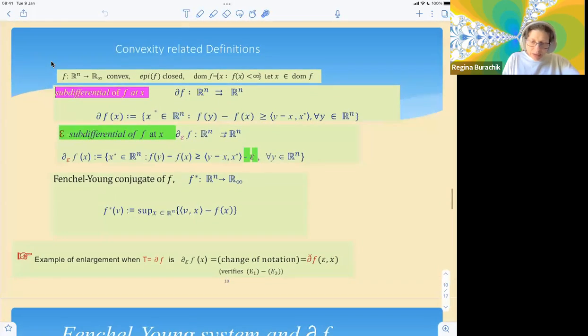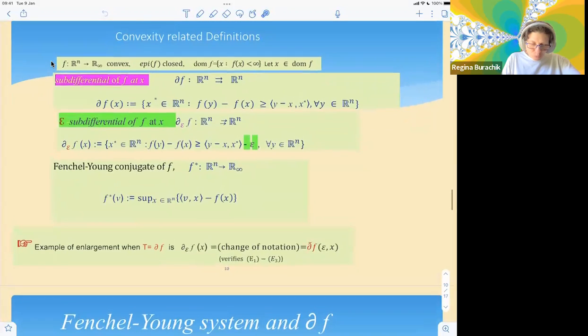And another tool that we are going to need is, okay, if you have a convex function, then we assume also that the epigraph is closed. So we assume that our functions are what are called lower semi-continuous. And we assume that the domain is not empty. And the elements x that we take here are always in the domain of F. Right?